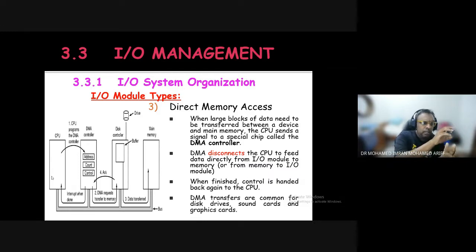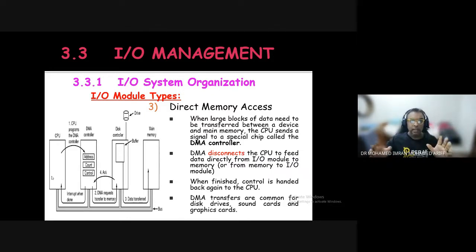So what is actually happening is the CPU is telling the program, okay, all your files need to be inside the memory. But in direct memory access, since there is a large amount of data, the CPU cuts this connection and says, okay, all these files are automatically inside the memory for me to execute.